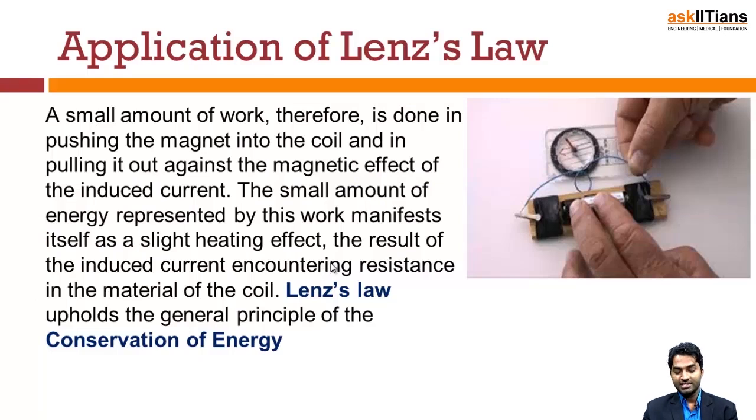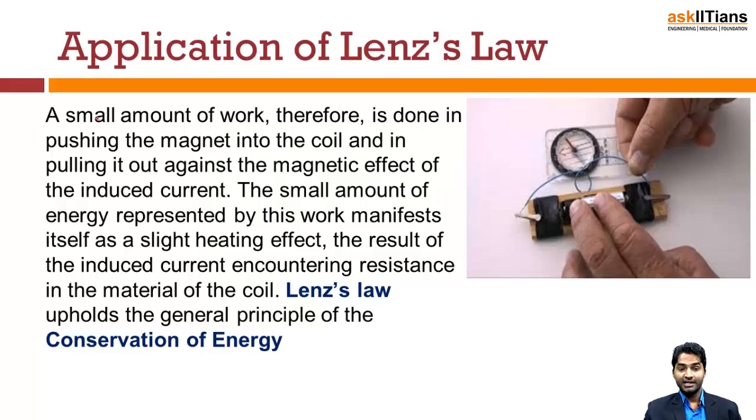Now what are the applications? Its application involves the law of conservation of energy. A small amount of work is done, like bringing the magnet towards the coil or taking it away from it. Due to that motion, an induced EMF would be there across the secondary coil, and due to that EMF there would be electric energy across that coil.